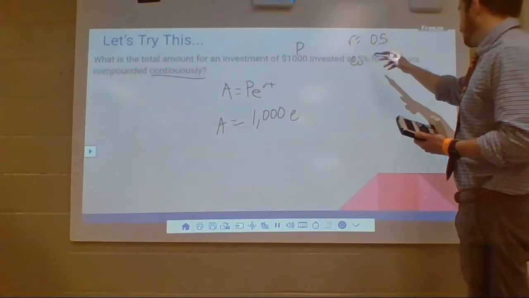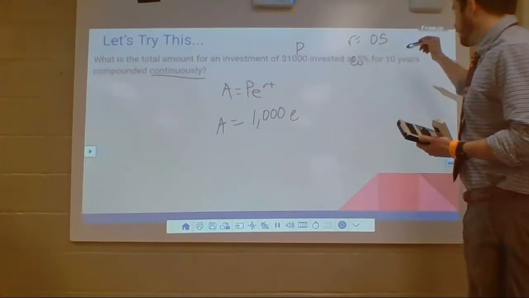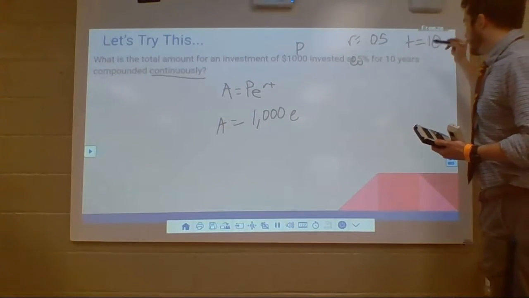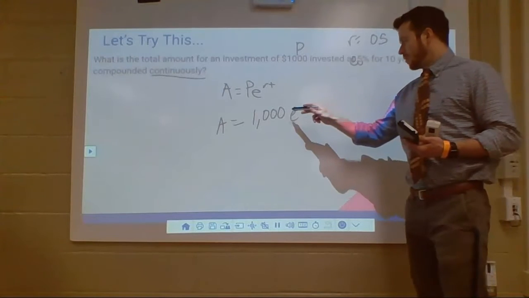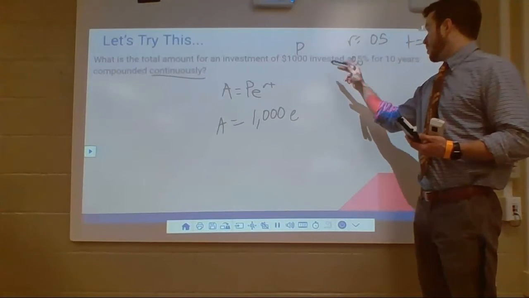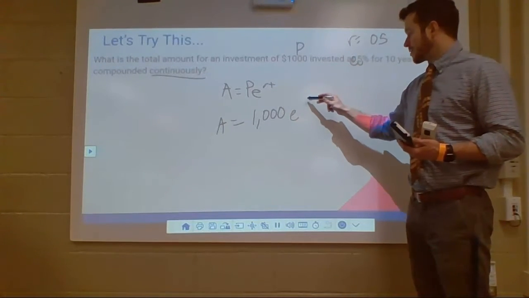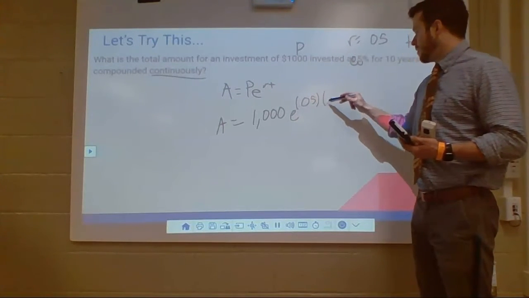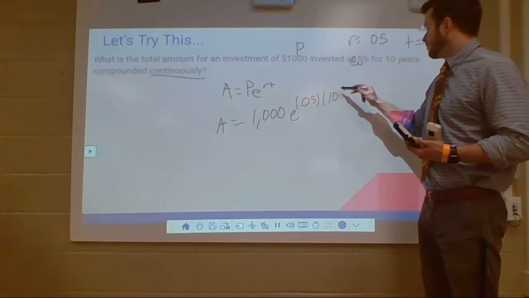So 0.05 is our rate, and then the amount of time is 10 years. So we're going to say t equals 10, okay? So 0.05 is r, so I'm going to substitute 0.05 for r, and then 10 is the time.